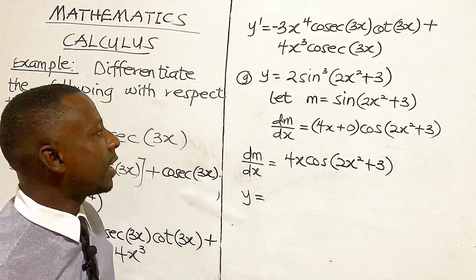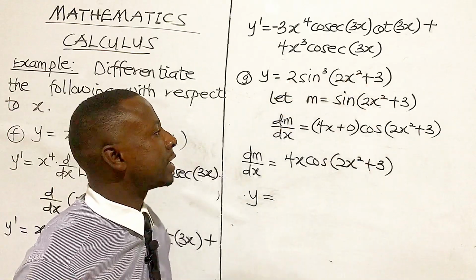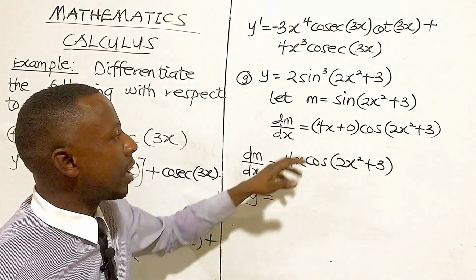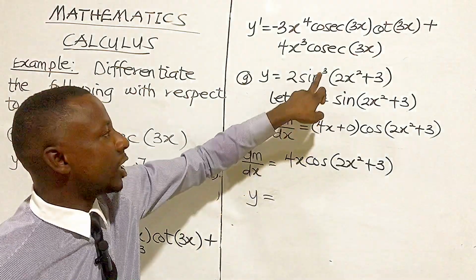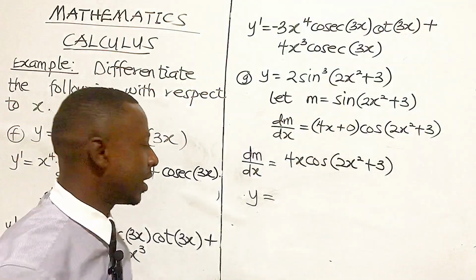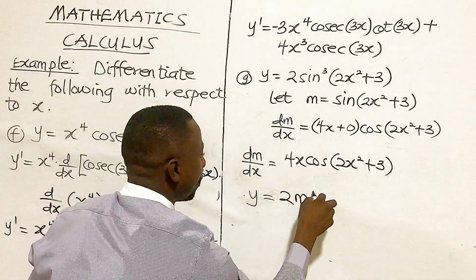Now my y is going to be 2. Now the sine of the whole function is m. So we have 2m cubed, because the sine here is carrying an exponent of 3.